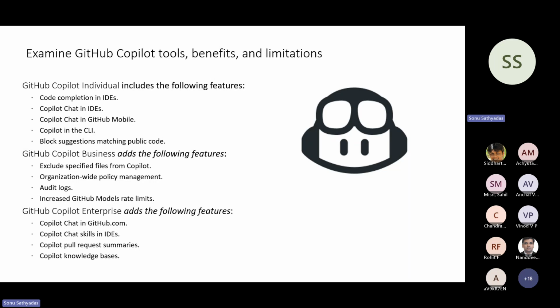But one highlighted feature is that it allows you to use private repositories as knowledge bases, which means if you have to generate code based on your existing private repositories, you can do that with the GitHub Copilot Enterprise plan.